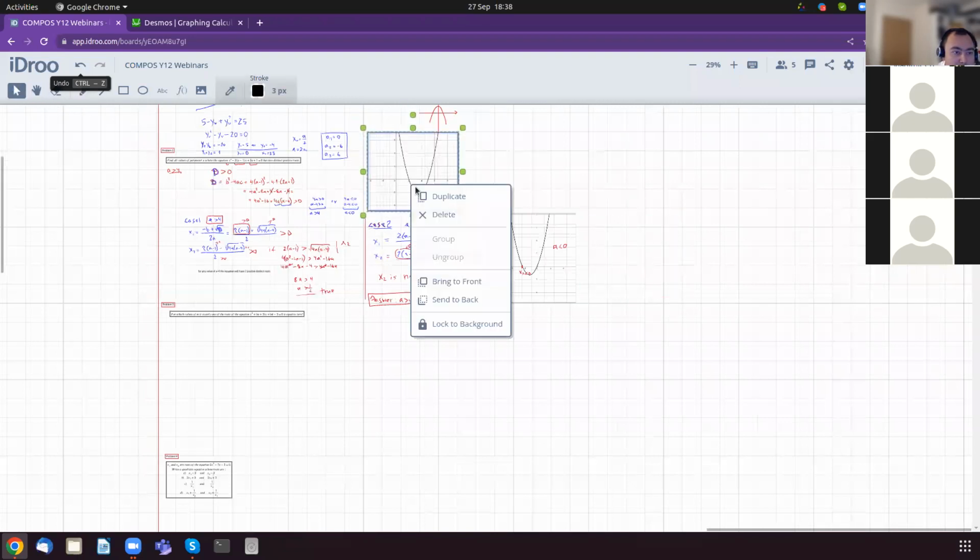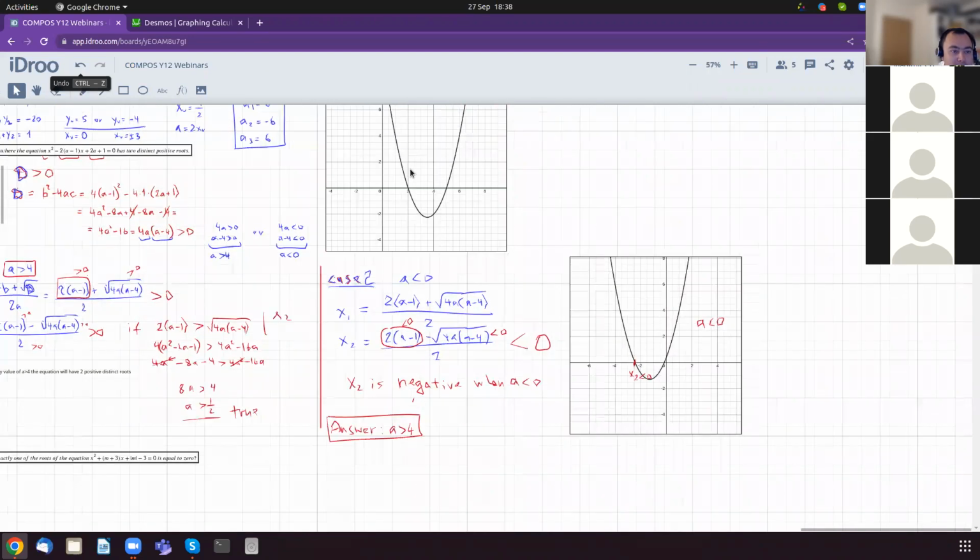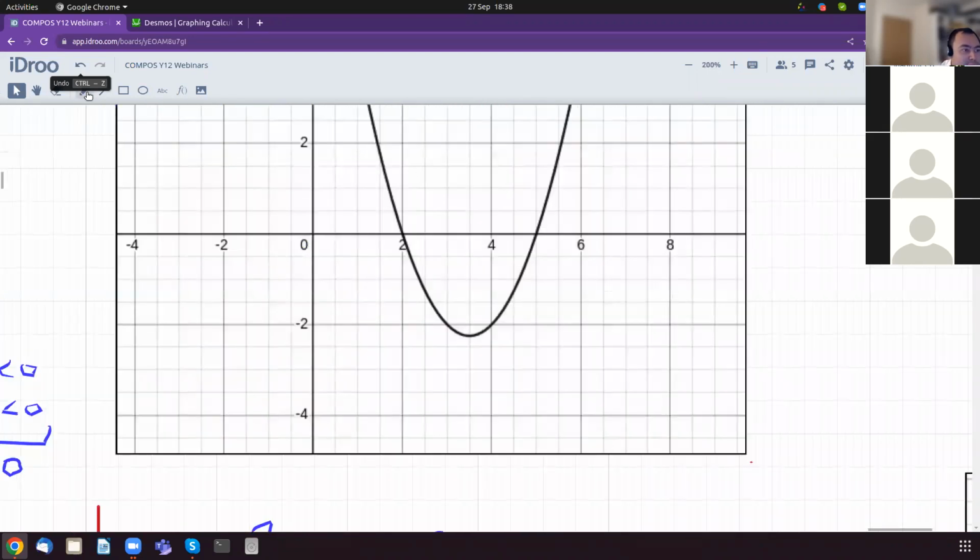Here we have x1. x1 is just positive, and x2 is here, and x2 is greater than 0, and x1 is greater than 0.